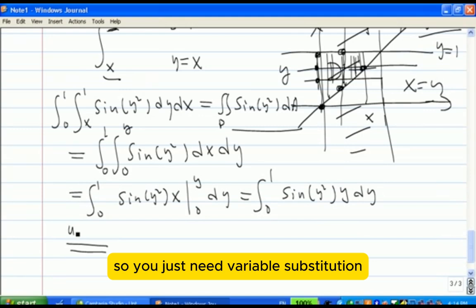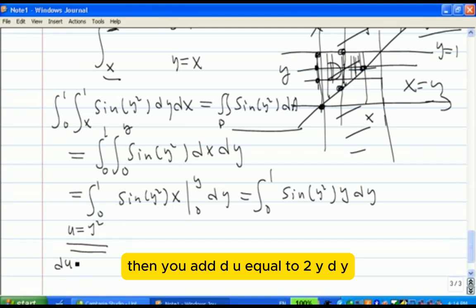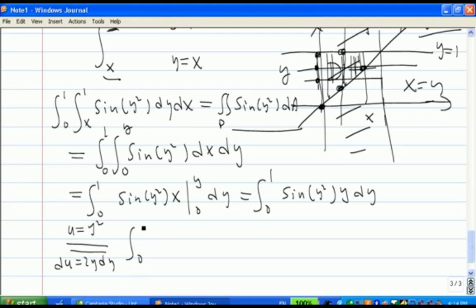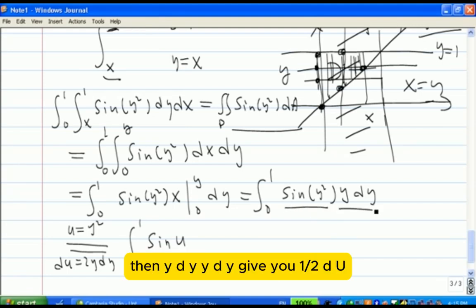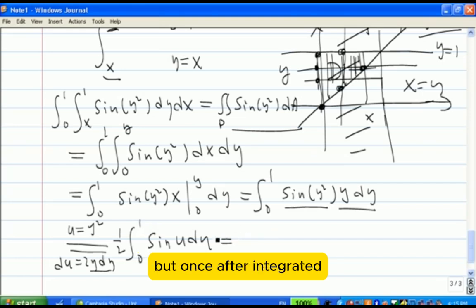So you just need variable substitution. Let u equal y squared. Then du equals 2y dy. Then this integral gives you sine u, then y dy. y dy gives you 1/2 du. There are two things you can do. One is you keep the limits 0 and 1, but after you integrate, you change u back to y.